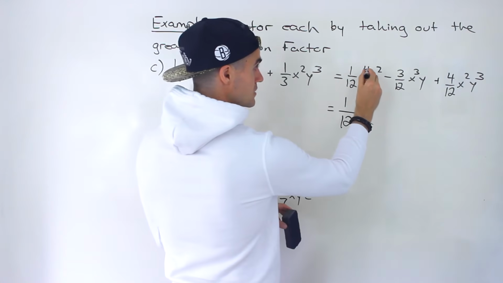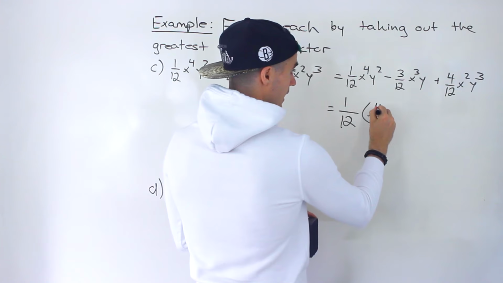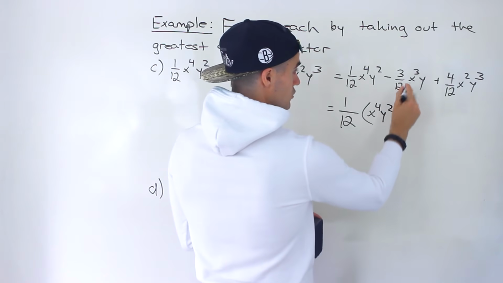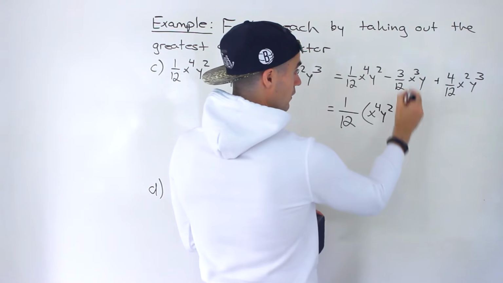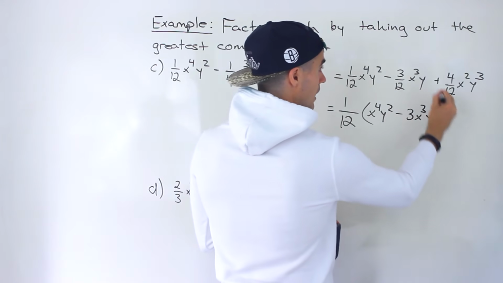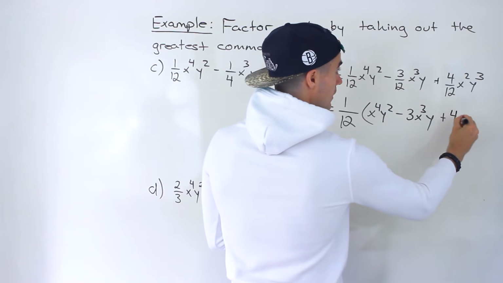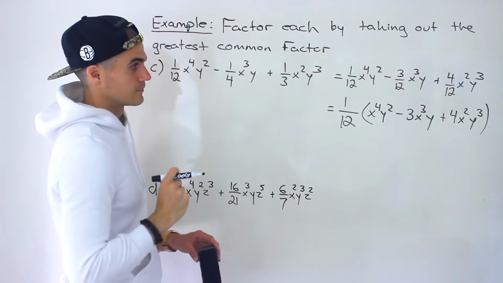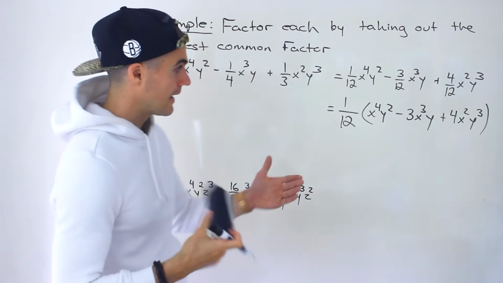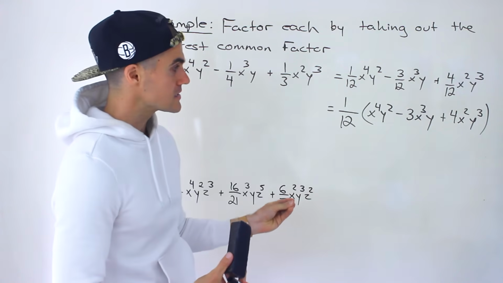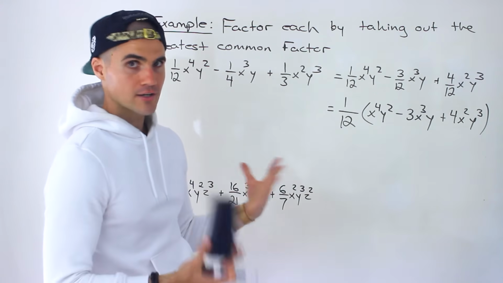So 1x to the 4y to the 2, it's like x to the 4y to the 2, we don't have to write the 1, minus, watch your signs here, the signs stay the same, then we got a 3, x to the 3y plus 4x squared, y to the 3, like that. And again, as I mentioned, we end up with an expression that has no fractions, right?